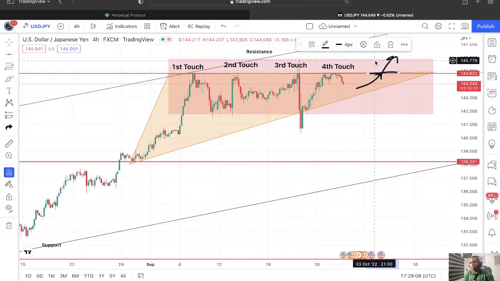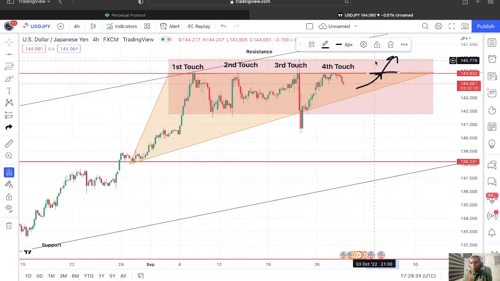Price jumps up. So from this chart and what we are seeing here, we can say that there is more demand. Because the USD/JPY chart has been on an uptrend, which means there is more demand for the dollar than there is for JPY.